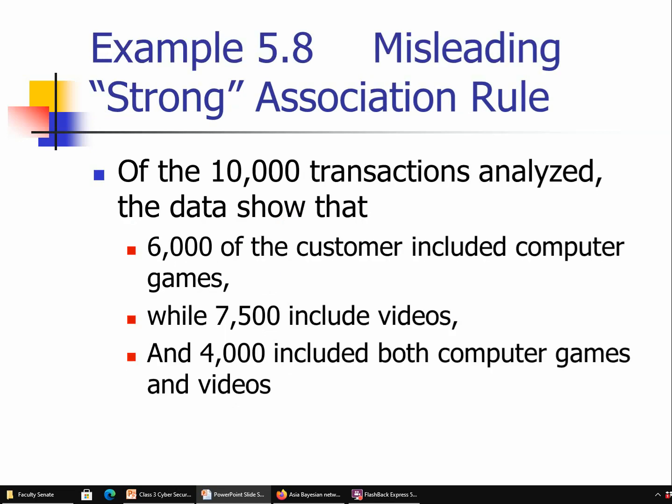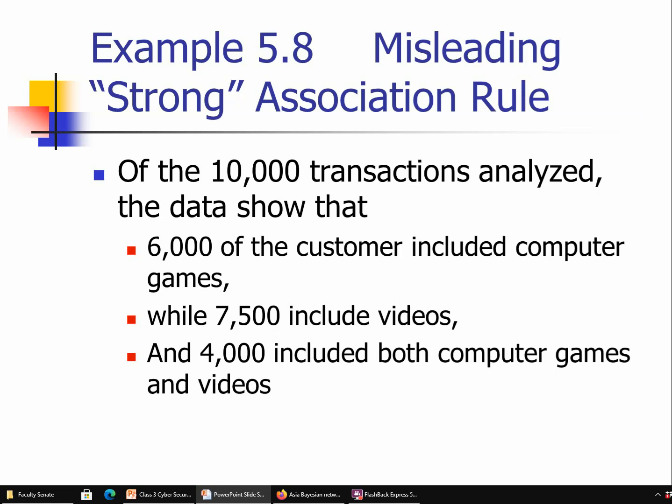There are several things we also discussed in the association rules, saying that we have 10,000 transactions. 6,000 of them buy computer games, while 7,500 of them include videos, and 4,000 include both computer games and videos.